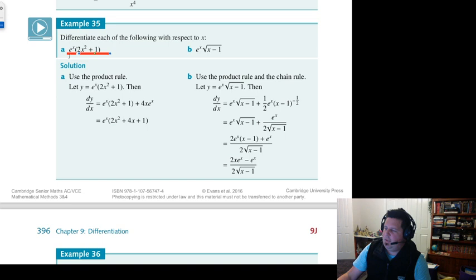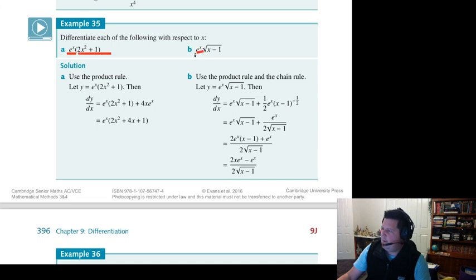It'll be the derivative of this here, which is e to the power of x, multiplied by the second function, plus the derivative of this, which is 4x multiplied by the original function, which was e to the power of x. Again, simplifying things down from there.